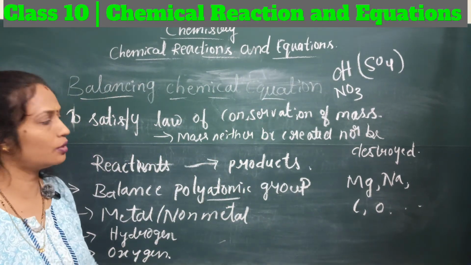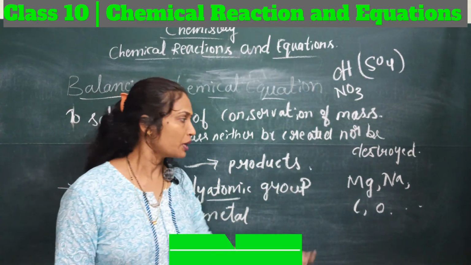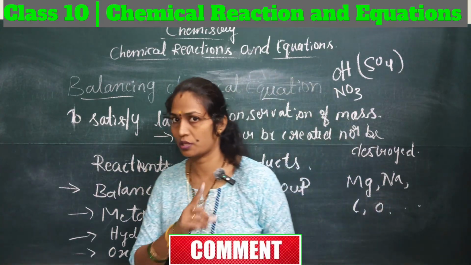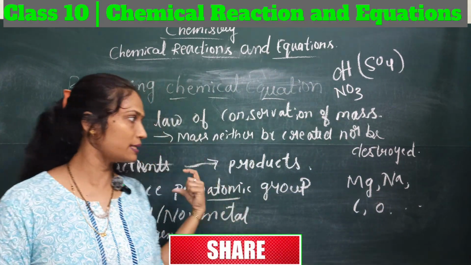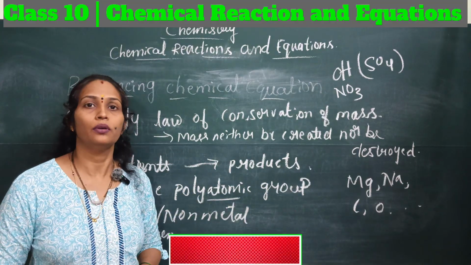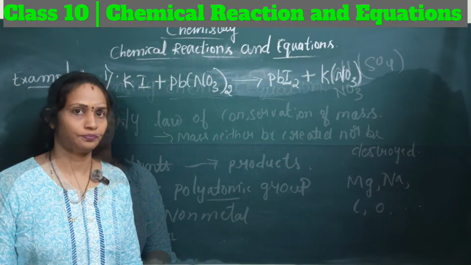Later you balance hydrogen, and automatically oxygen and everything will get balanced. I'll give you some examples, so don't forget to watch the video till the end. Then you can easily understand how to balance chemical reactions.